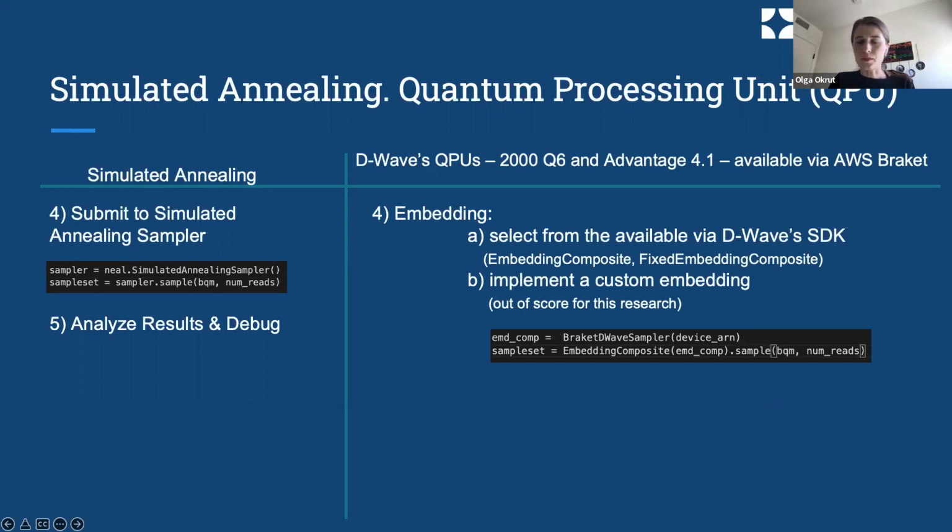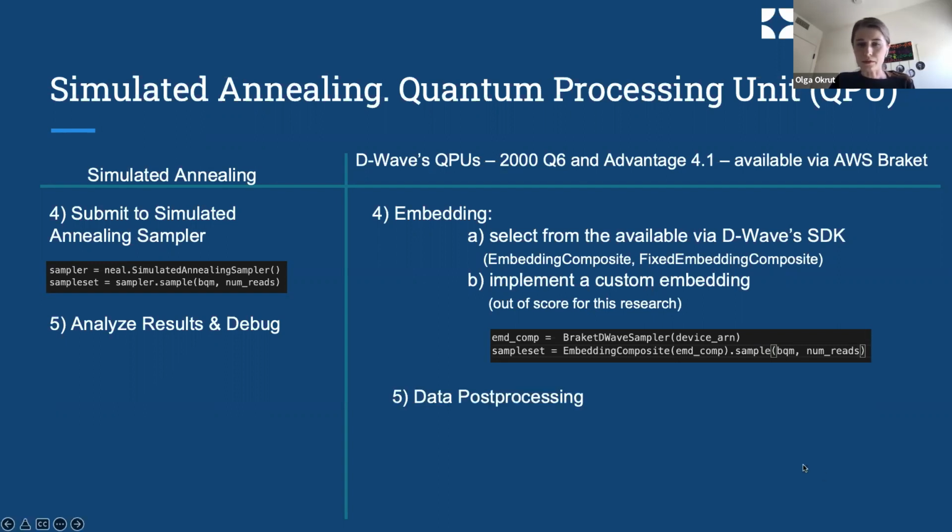Prior to submitting to the physical QPUs, we have to undergo embedding into the D-Wave topological graphs. In general, you can choose any available embedding algorithm in the D-Wave package, or you can implement a custom one if you want. For our research, we used the embedding composite.